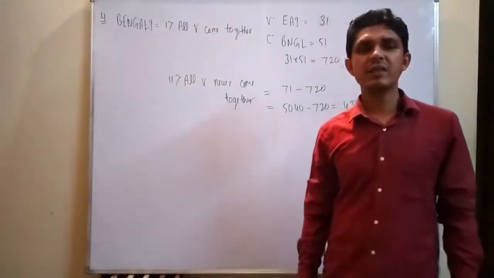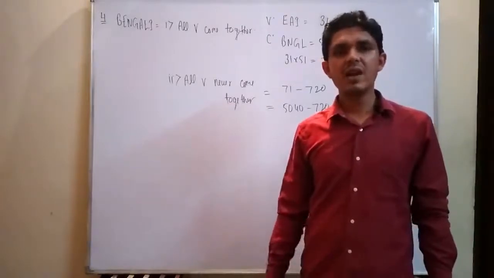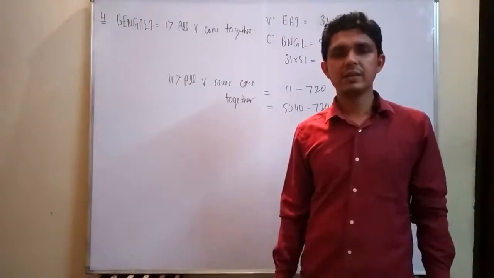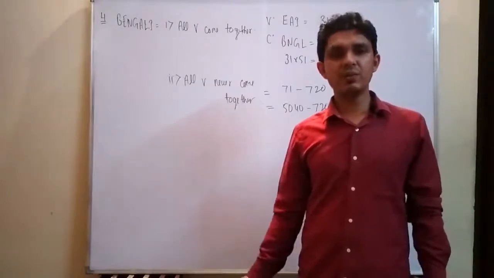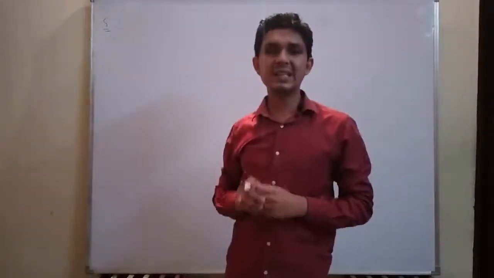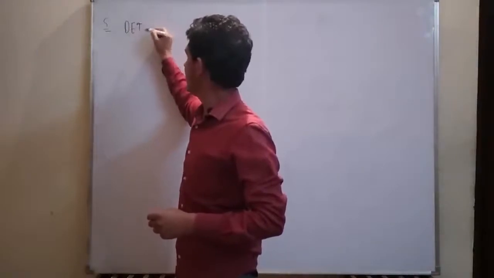So I guess we can do the question both when all the vowels come together and when all the vowels never come together, right? Okay, coming to the next variety of question. So our next word is details. Details.